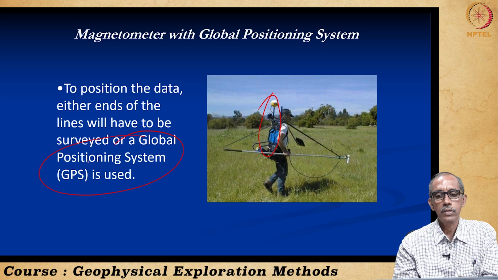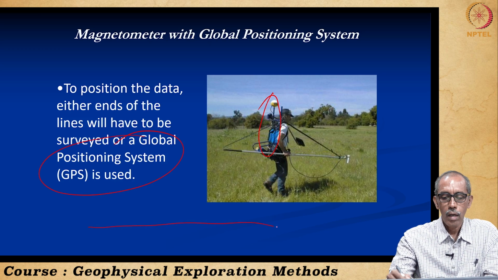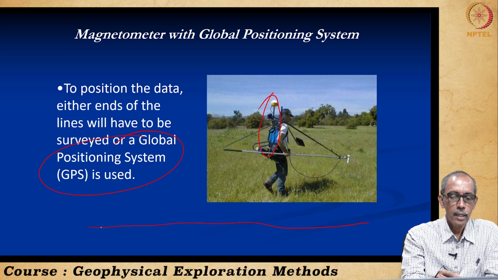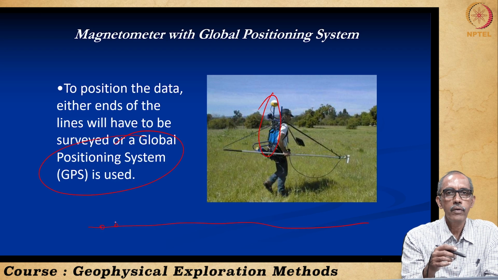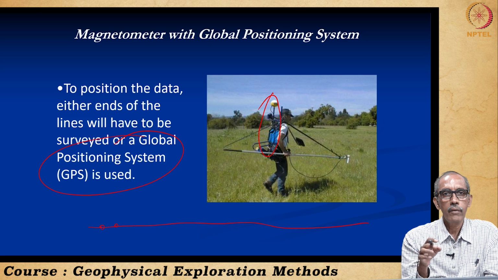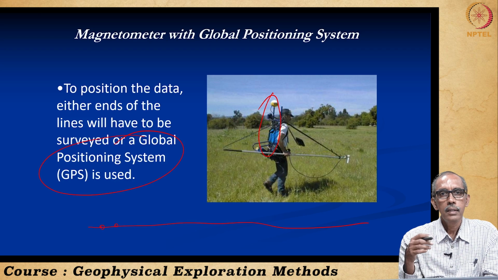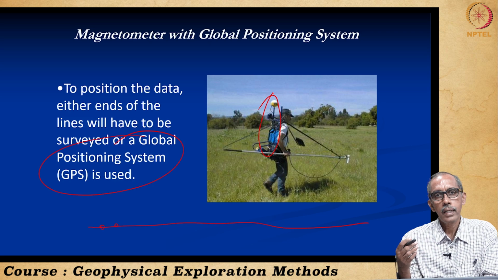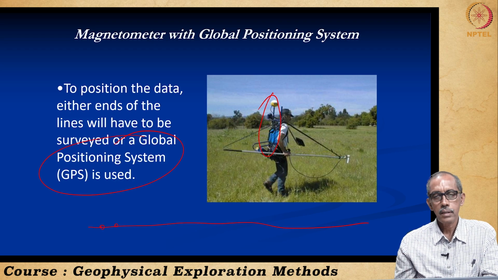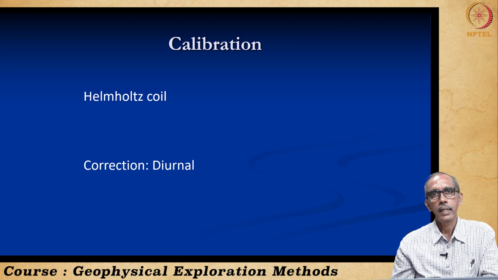That means you can traverse along a line, and set the equipment to make measurements every few seconds or every few minutes or every few meters, right. As you walk, the magnetometer will automatically collect data at the preset distances or at preset times. So, that is the advantage of modern magnetometers, right.